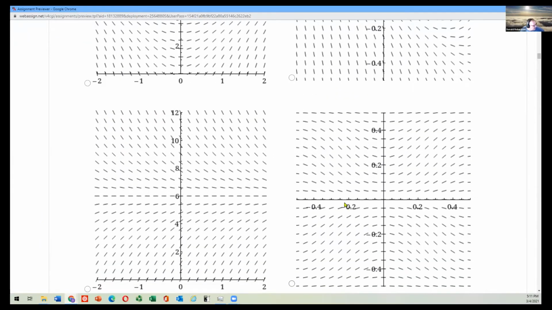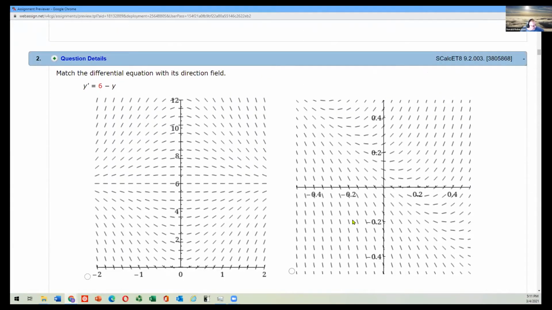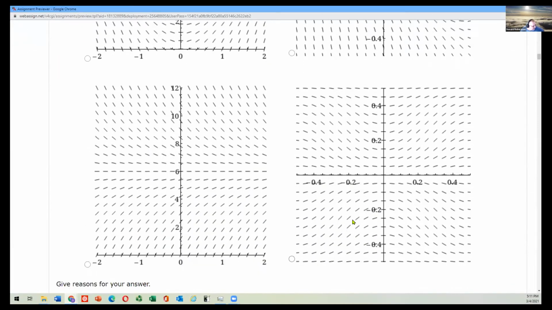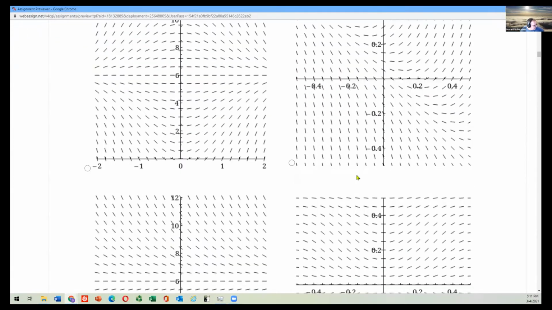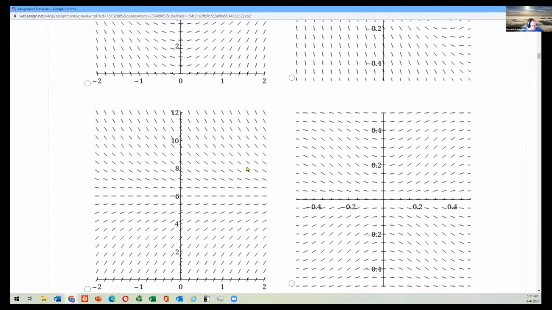One of these looked like our one. You see it, 6 minus y. So it's those 4. There's the one. Well, it kind of comes up and it begins to curl. So it kind of goes up and then it begins to curl. And it looks like it could be this one here, right?